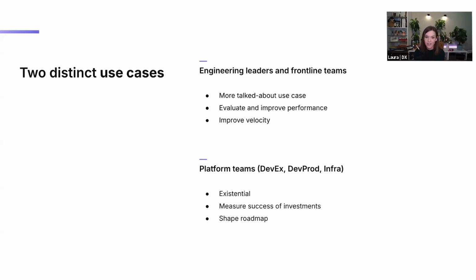There's another use case, though, that is equally as important and probably one that speaks very personally to a lot of you in the audience here, which is those of you who work on systems teams like platform, DevX, developer productivity, infrastructure teams. You need this data in order to know the impact and adoption of the systems that you're building, and to get direction in order to know what problems are important to be solved next.